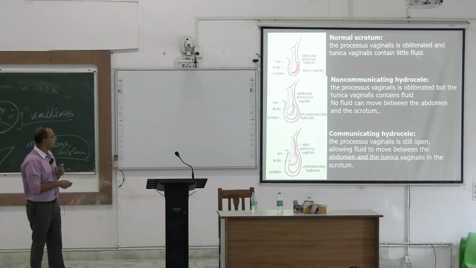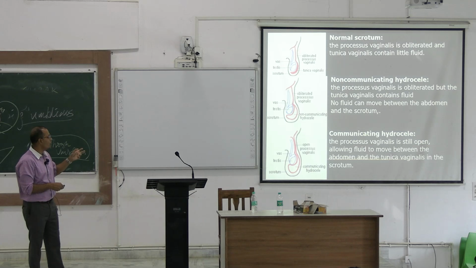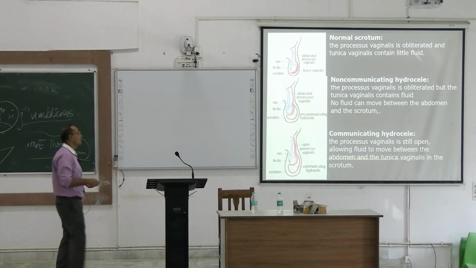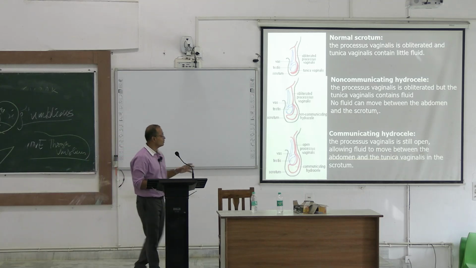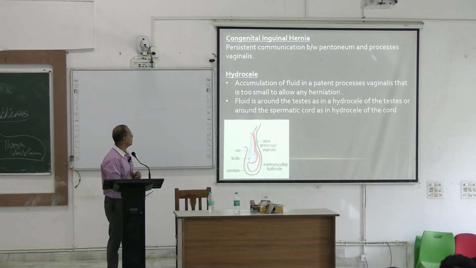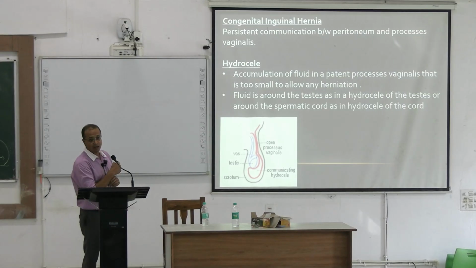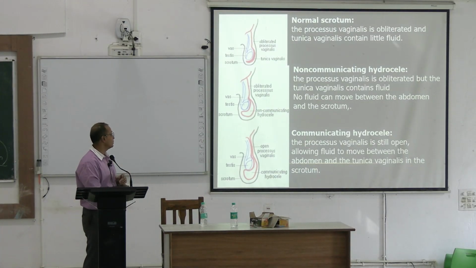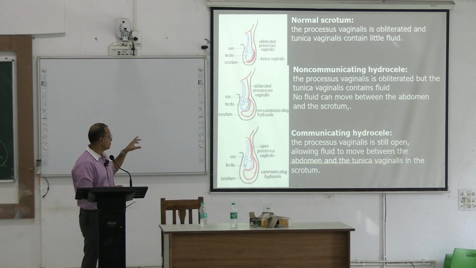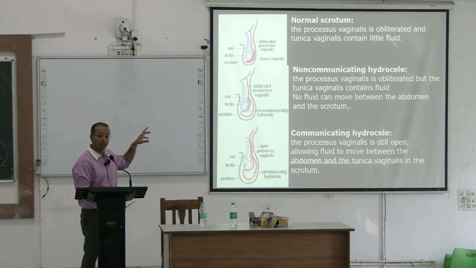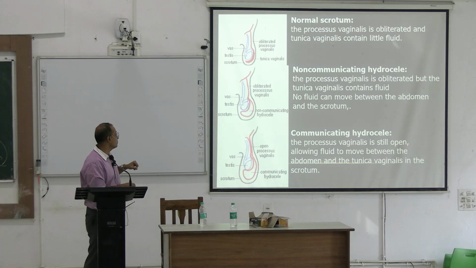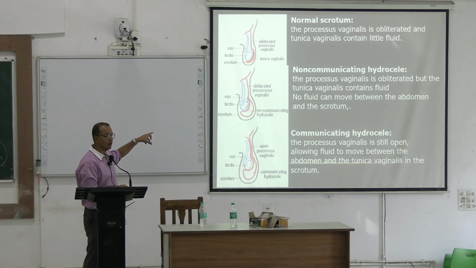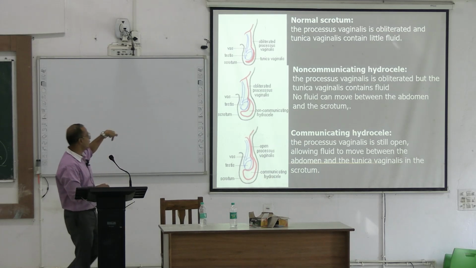If it happens in congenital terms, we call it a congenital hernia. So, these two entities to understand are congenital inguinal hernia and congenital hydrocele, and they happen because this peritoneal fold brings along fluid or coils of intestine.